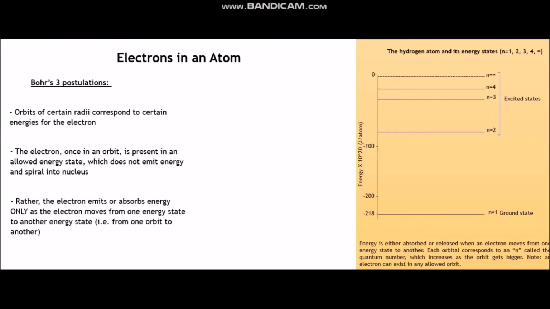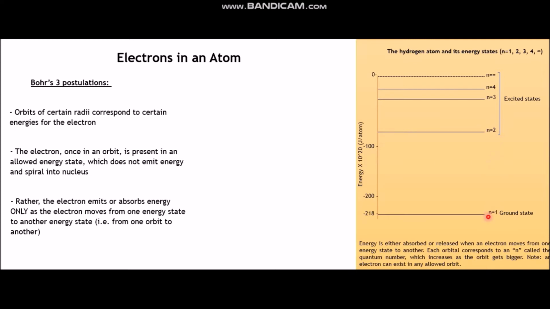So here on the right, I'm showing you a diagram of the energy states of the hydrogen atom. On the y-axis, I have energy in terms of joules per atom, whereas the black lines here denote individual orbits in the form of n, called the quantum number.